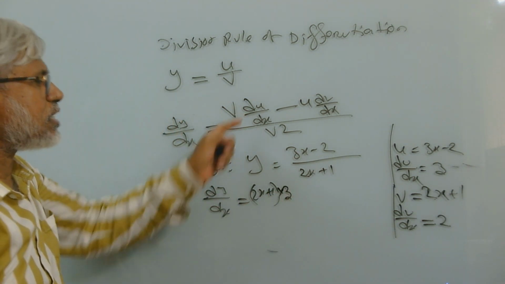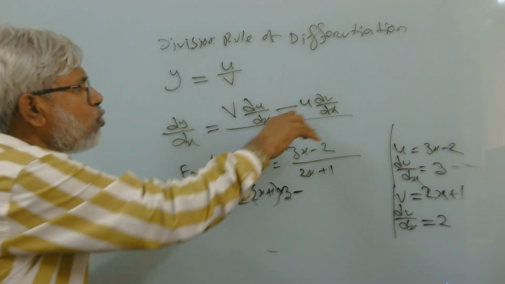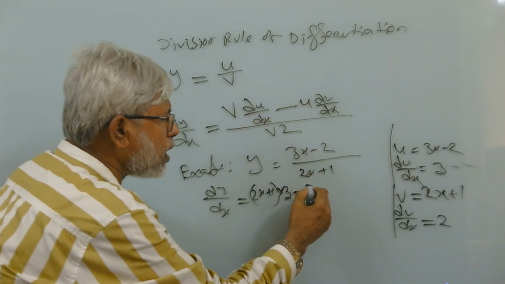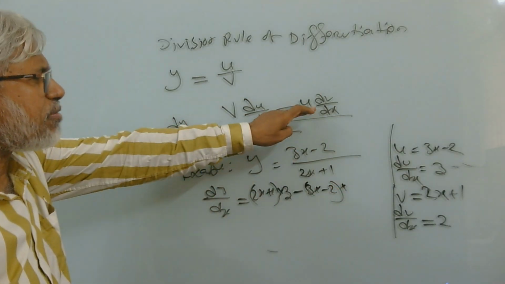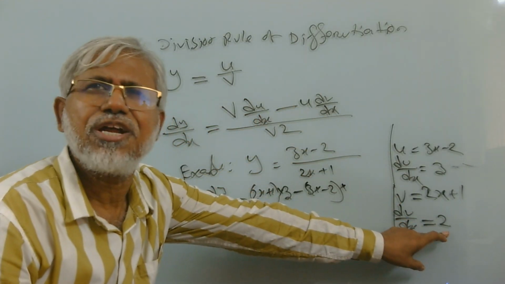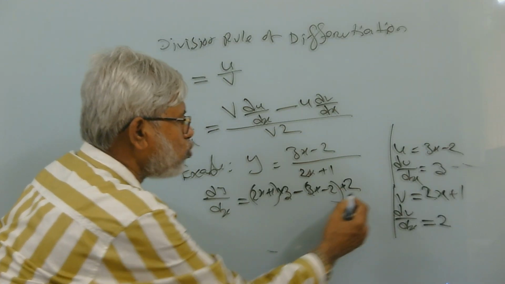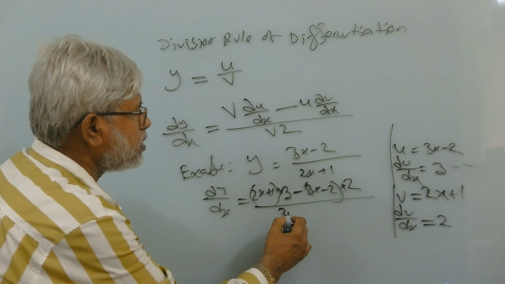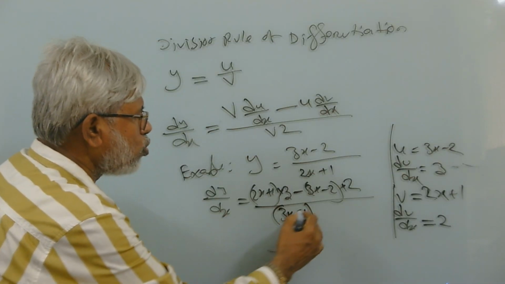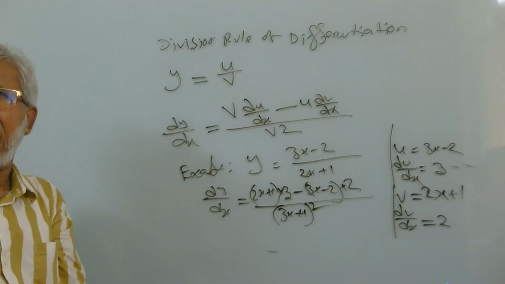V du by dx minus u. U means this 1. 3x minus 2. U dv by dx. The dv by dx is 2. So this is 2 by v square. V means twice x plus 1 whole square.